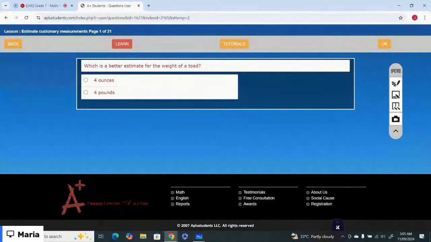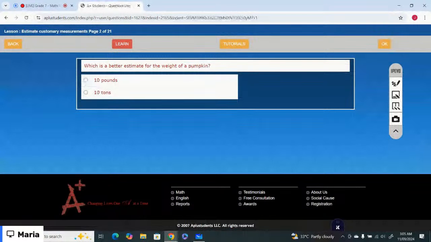Which is the correct option? 4 pounds is too much for the weight of the toad, right? So the correct option is 4 ounces. Option number one is the correct option.